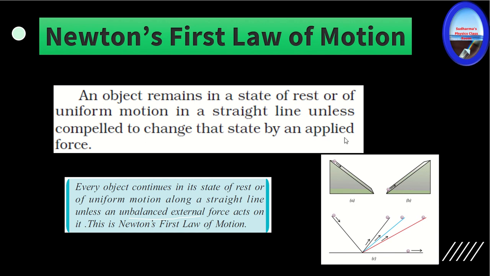So these are the different ways of explaining Newton's first law of motion. It simply states that if an object is moving, only if an external force acts on the object can it stop, right? An object remains in the state of rest until and unless you apply an external unbalanced force on it.